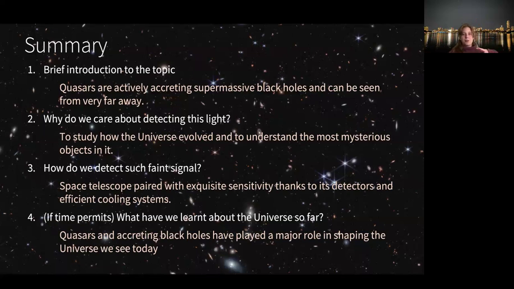In the first part, I tried to introduce you briefly to the topic, and the point of that section is really just that quasars are these actively accreting supermassive black holes that emit a lot of light, and so they can be seen from very far away. The second section is: why do we care about detecting this light? Why would one want to build a huge telescope to detect this light?